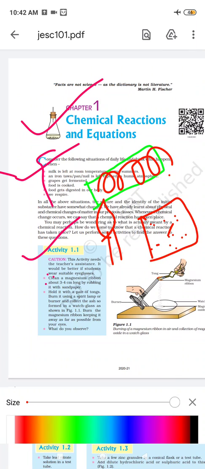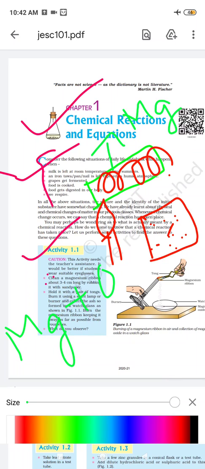Okay, so when you have taken the magnesium ribbon, its formula is Mg. When you burn it in the presence of air, the magnesium reacts with oxygen. Okay, and when the burning is over, you will get white colored ashes. This ash is called magnesium oxide.